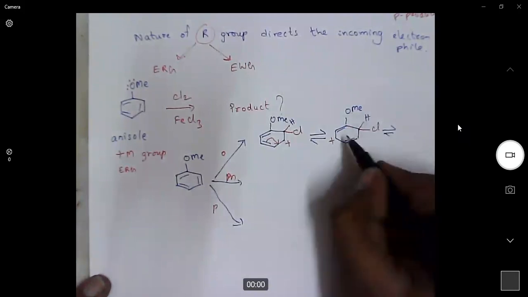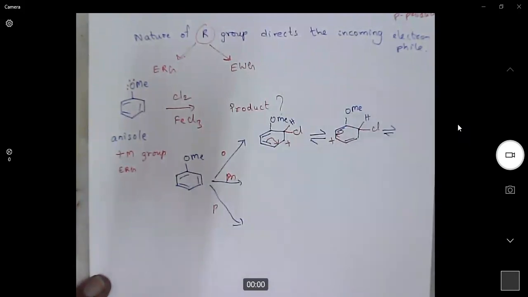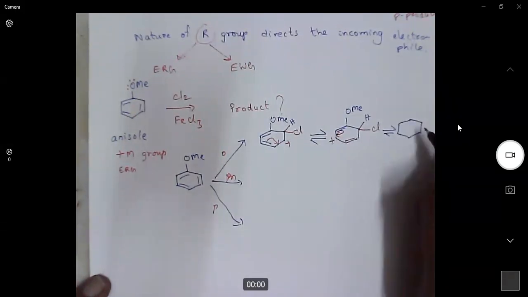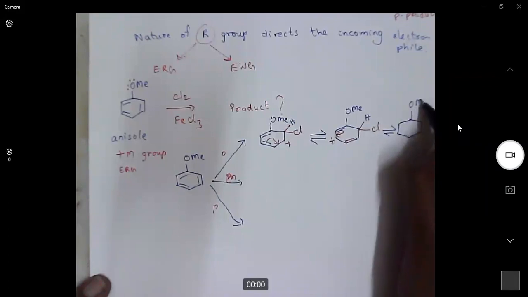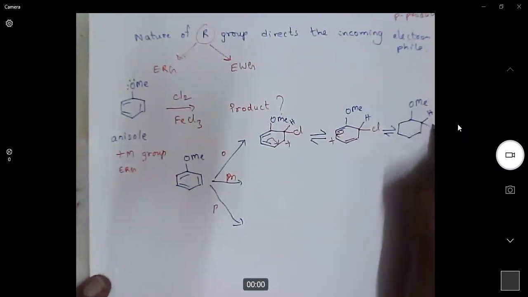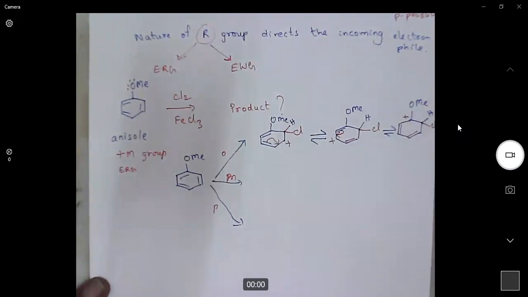Here the double bond can be polarized towards the positive charge, so we get another resonance contributor. This is the new double bond, and this is the position of the carbocation.